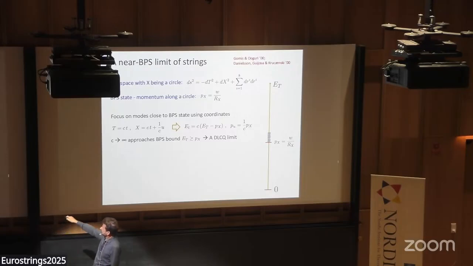If you do this coordinate transformation, then you get the energy minus the BPS energy. And then if you take C to infinity, you basically take a decoupling limit that really decouples these modes from all the higher lying modes. This is actually nothing but a DLCQ limit, which is famous also from, for example, the BFSS matrix theory story.